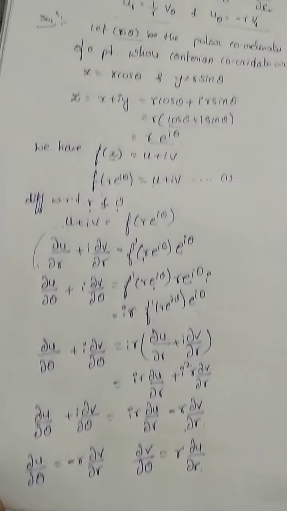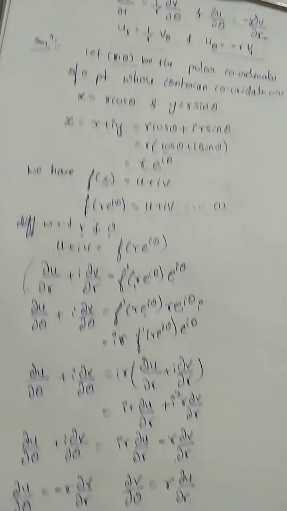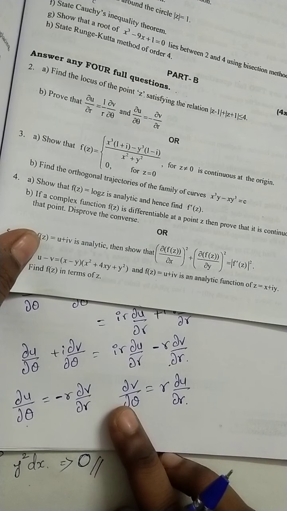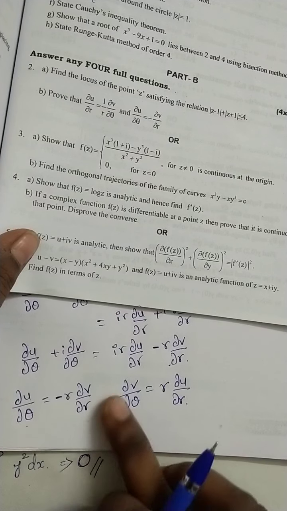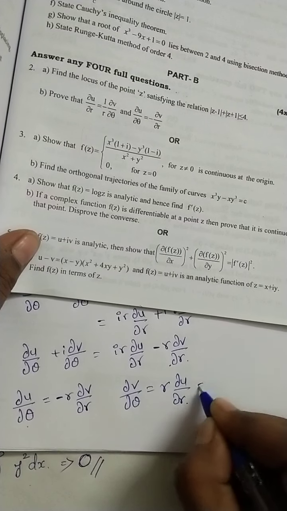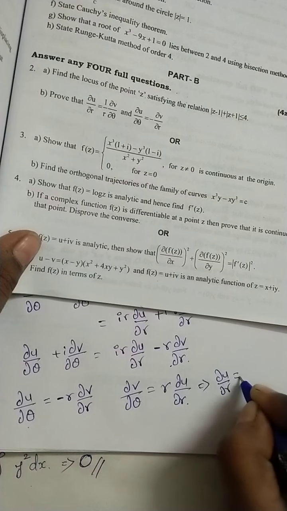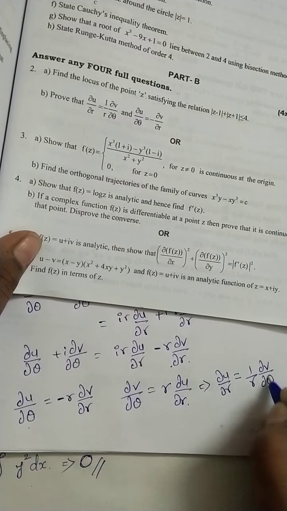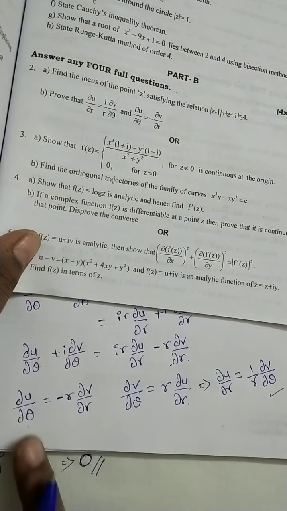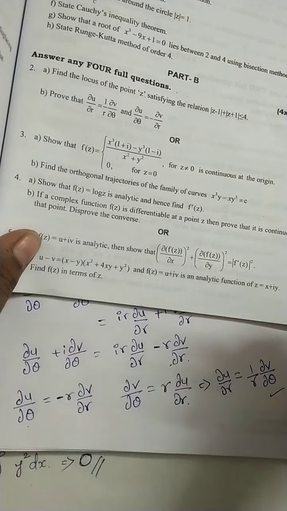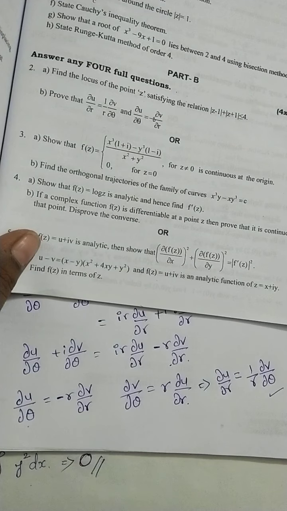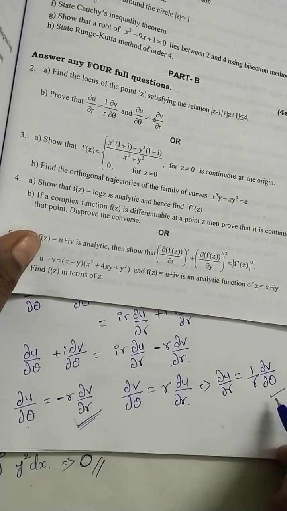Now if you see your problem, I will show it in the textbook. ∂u/∂r equals this, and if r goes to this side, 1/r. So ∂u/∂r equals 1/r times ∂v/∂θ. This is one proof. And ∂u/∂θ equals minus r times ∂v/∂r. Here r is missing in the textbook, here r will come.